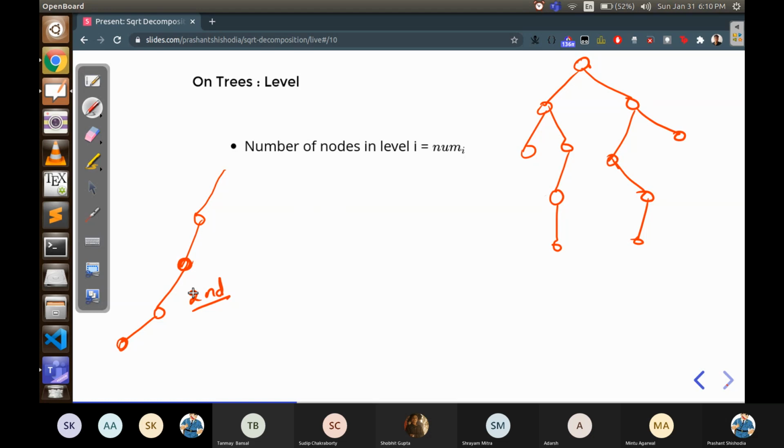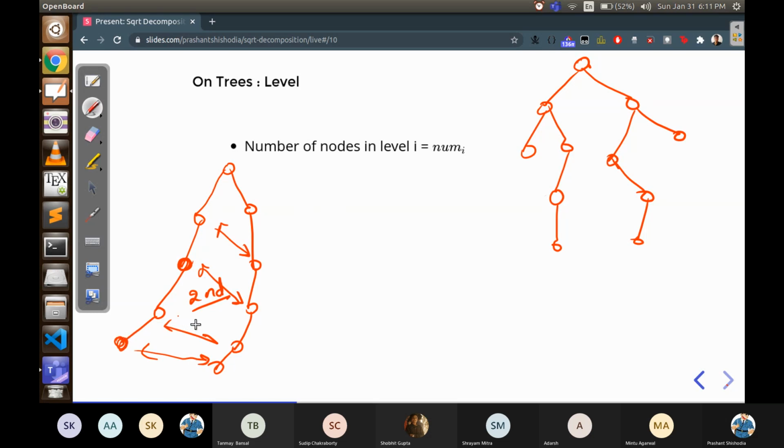But what I want here is, you are given two query vertexes. So I'll have to find the product of these two, then product of these two, then product of these two, and then product of these two. So this vertex can be queried with any other vertex that is on the same level.